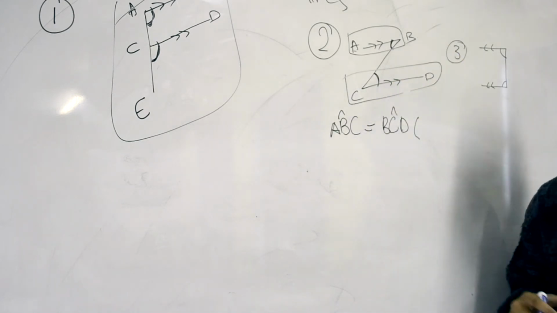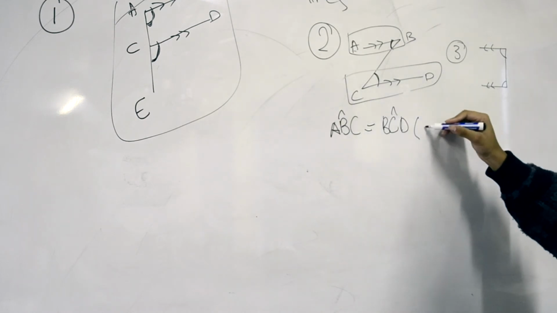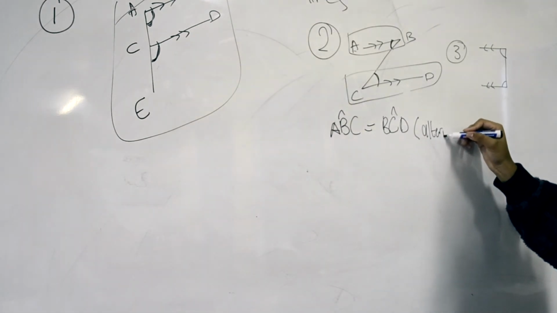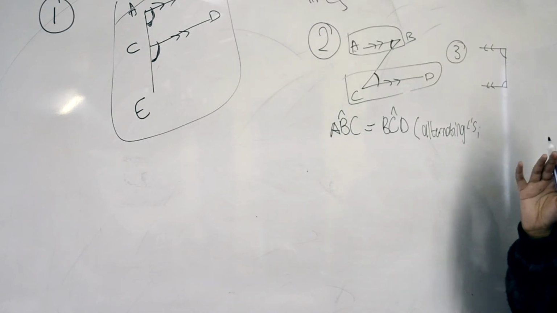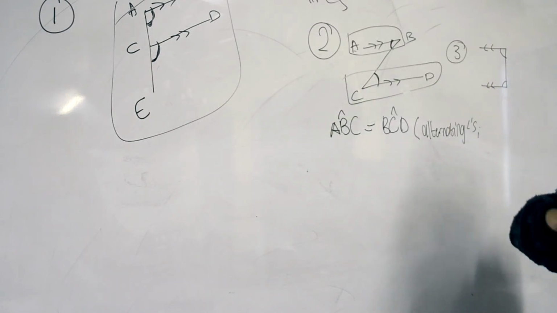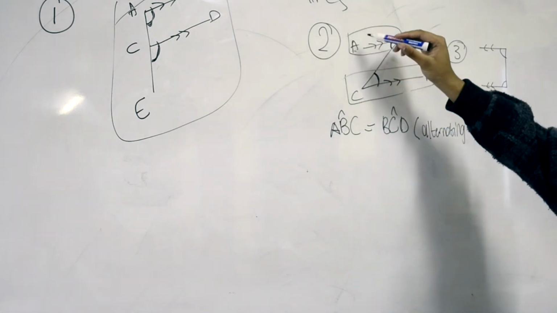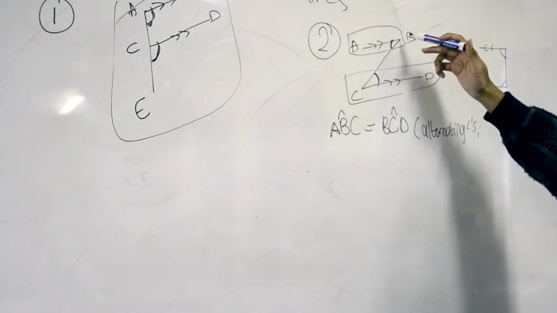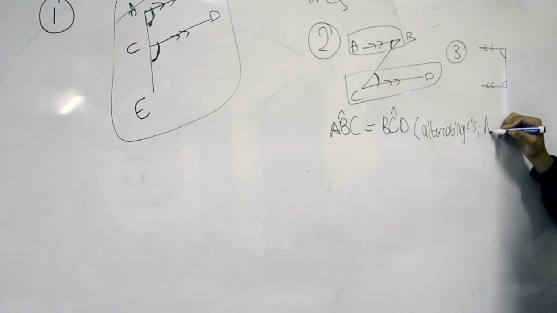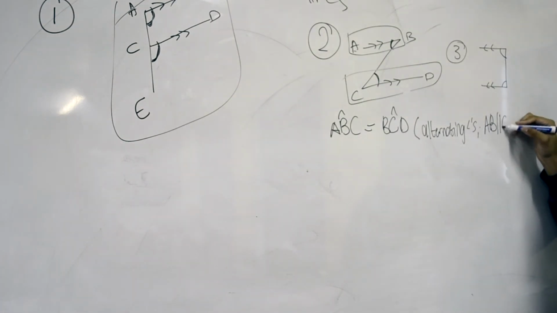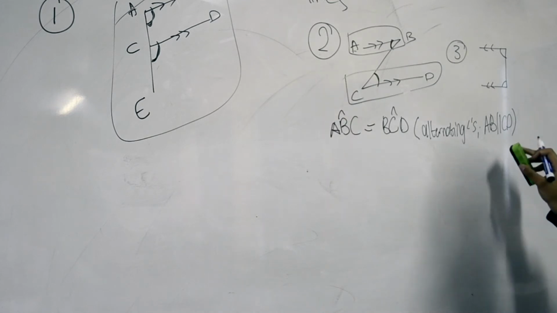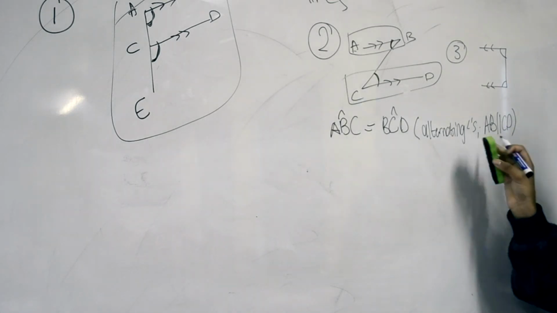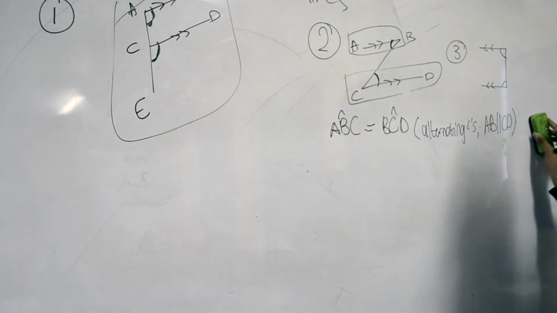Once again, as this is alternating angles, our reason would be alternating angles, and we would need to state our parallel lines, which in this example are AB and CD. So we need to say AB is parallel to CD. Very important guys, because if you leave out your parallel lines, then you lose your mark for your reason.